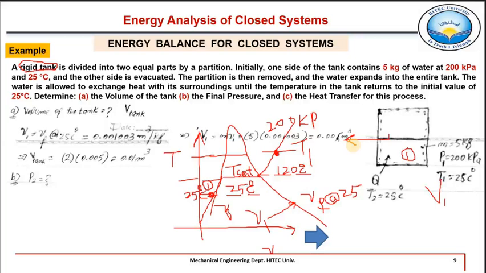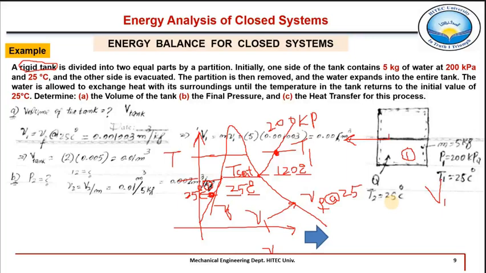So for state 2 we also know small v2, the specific volume at point 2, which is equal to the total tank volume, capital V2, divided by mass. This mass has been expanded in this entire volume. That's why the specific volume is increased. So v2 is 0.001 meter cubes divided by 5 kilograms. So that is new small v2, 0.002 meter cubes per kilogram.